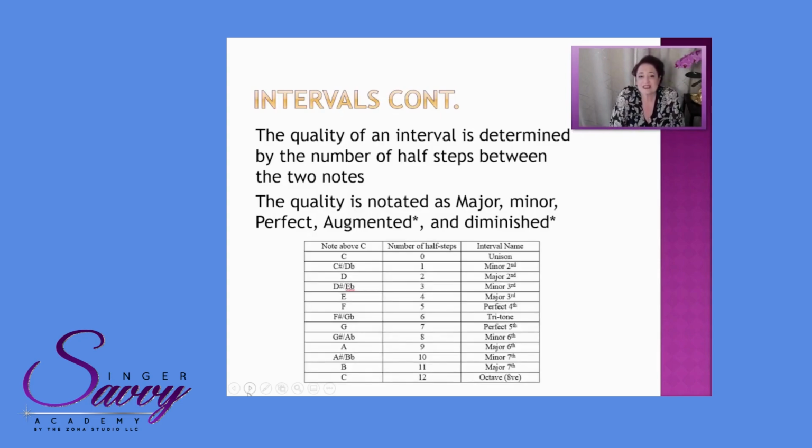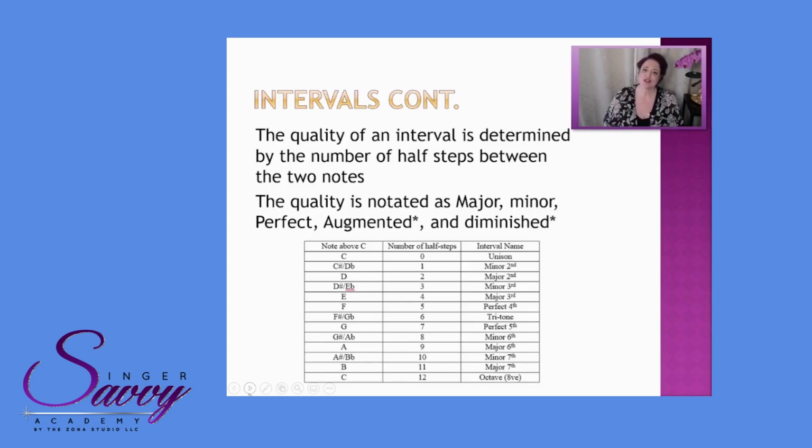So here is a little chart that tells you about the number of half steps and whole steps. Now, you don't necessarily need to memorize this in order to be a great sight singer, but you need to just know how the distances change. So on the left here, it says the note above C, that's how we're determining it. So the first note is C. If you go from C to C, the number of half steps is 0, okay?